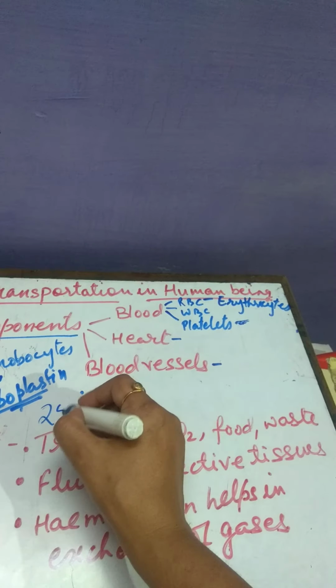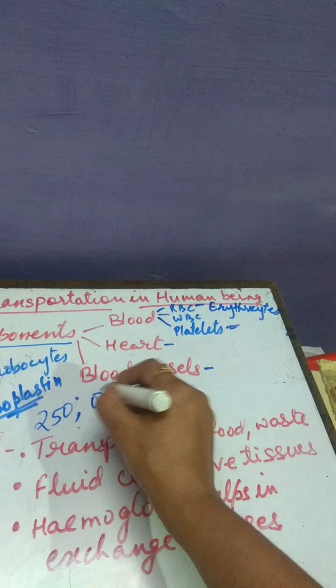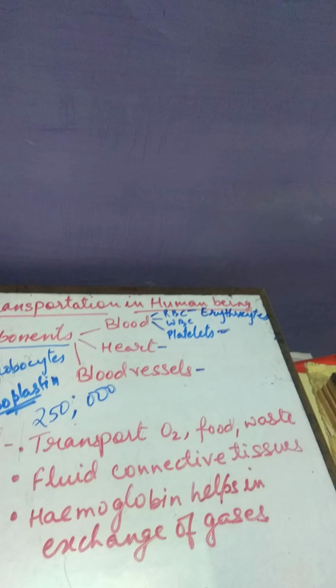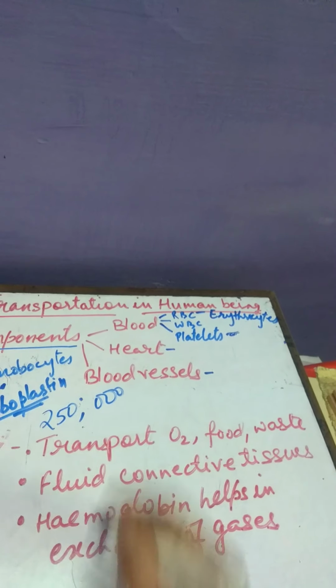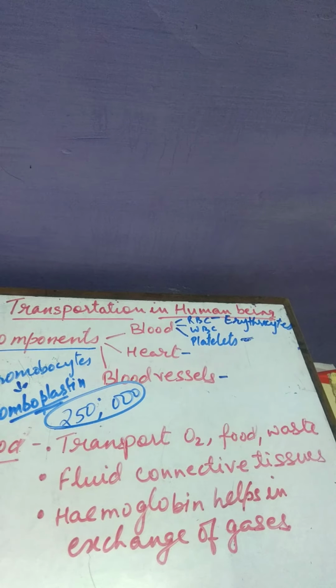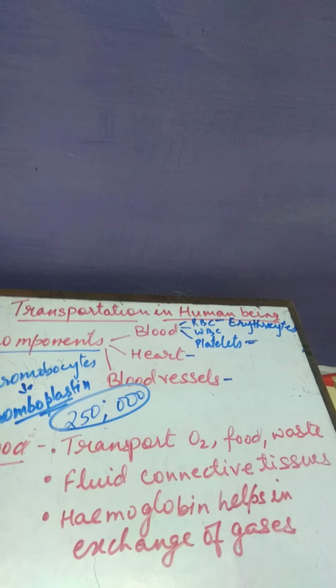Approximately 250,000 platelets are present in a cubic millimeter of blood.